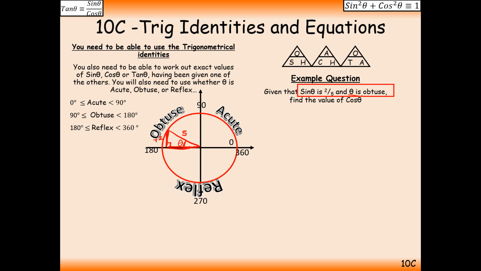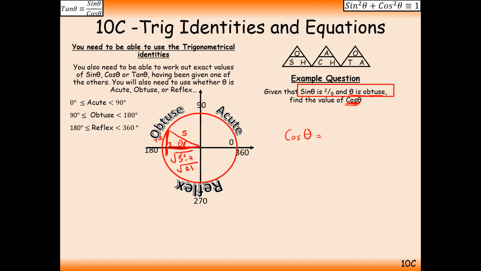Oh, sorry, we are not looking for an obtuse angle. We're just simply looking for cos theta. So we need to know what this adjacent side is. This is the square root of 5 squared minus 2 squared, which is the square root of 25 minus 4, which is 21. So the adjacent side is root 21.